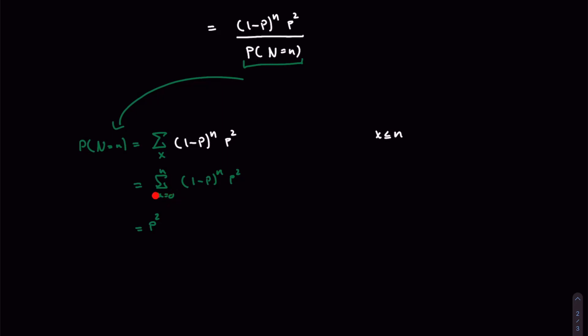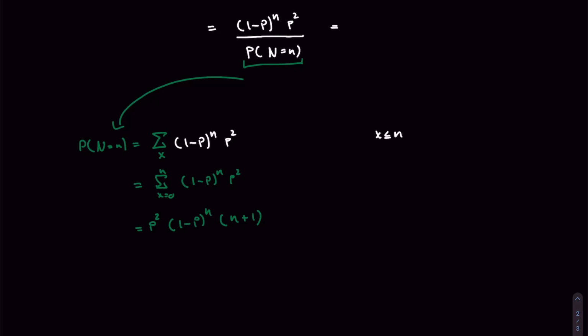So the sum depends on x, but not n. So we can actually take that out too, and we end up having n plus 1 terms, right? We start at 0, so we have n plus 1 terms. So this whole thing simplifies to 1 minus p to the n times p squared times n plus 1.